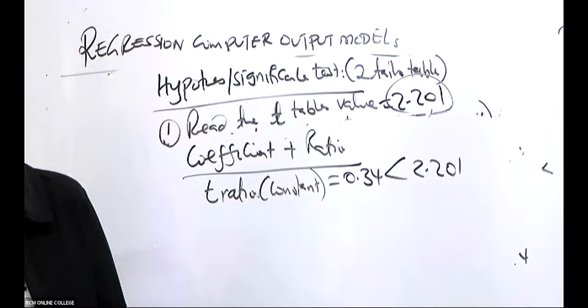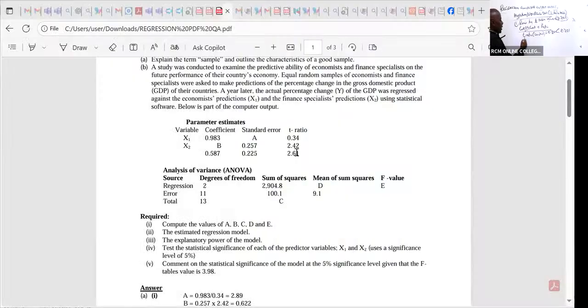So then we take on the second variable, the second coefficient. We have a t ratio there, which is 2.42, for X1. So please, could you kindly compare this with our hurdle rate of 2.201?